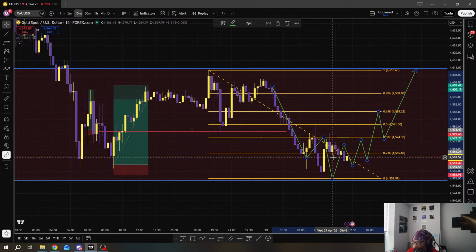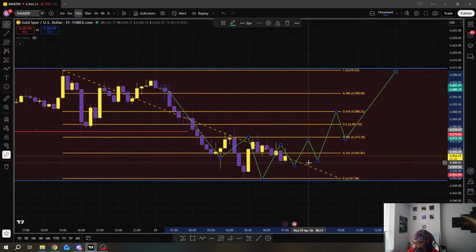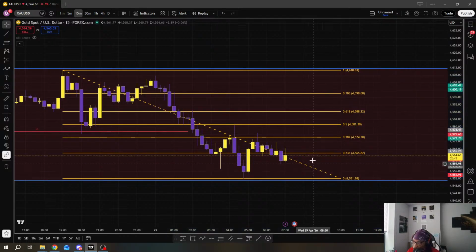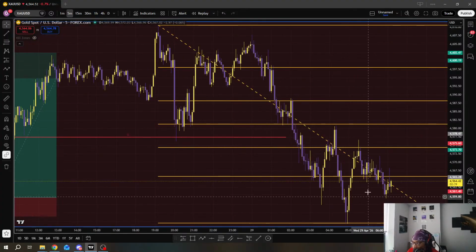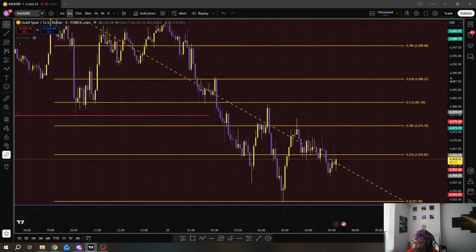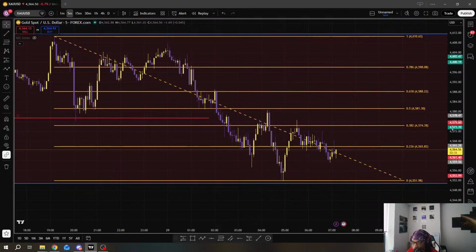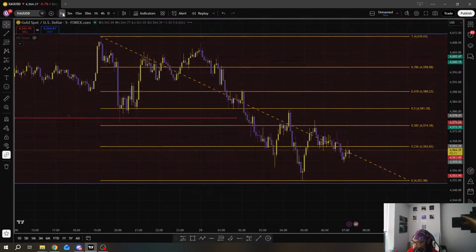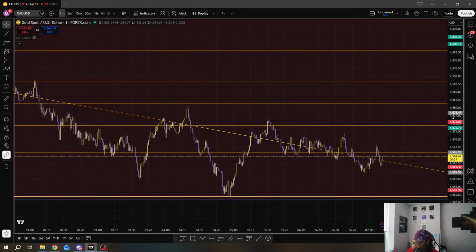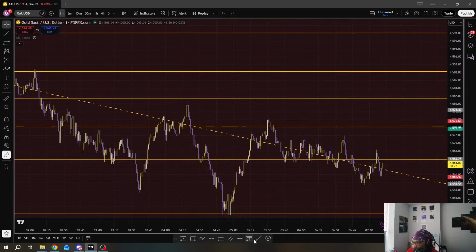You know, there's a lot of things that price can do here, but the biggest thing that we need to do is stay patient and wait for clean confirmation and wait for something to spark in real time. As of right now, nothing's really happening for me, and so I'm not really eager to place any trades.